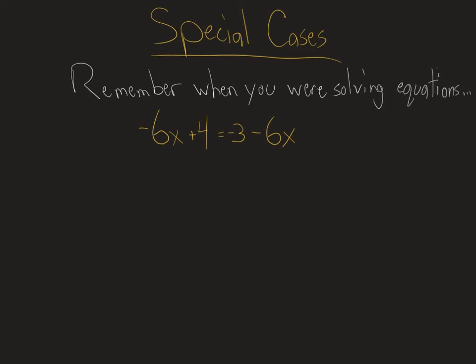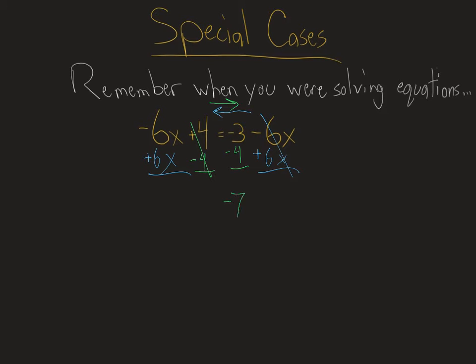All right, so remember back when we were solving equations, you were given a problem like this. We would have a variable on both sides. We want to get rid of that and move all the variables to one side. So I'm going to move all my variables to the left, and at the same time move all my constants to the right so that everything's on only one side.